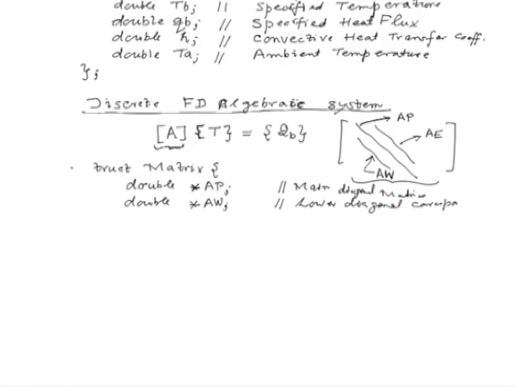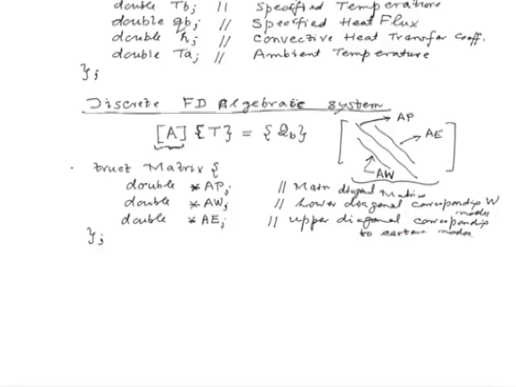corresponding to the western node or the I minus 1th node, and double star AE, which corresponds to the eastern neighbor, corresponding to eastern nodes.